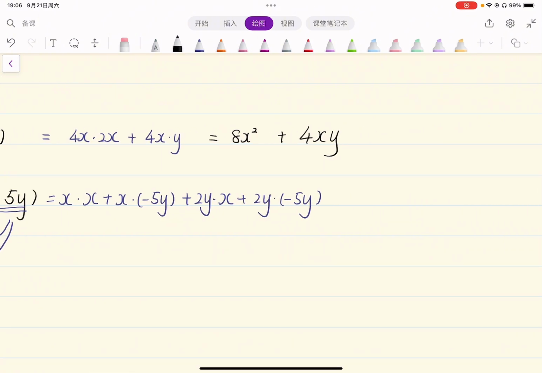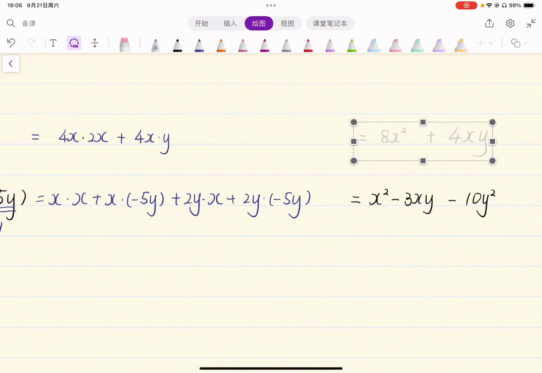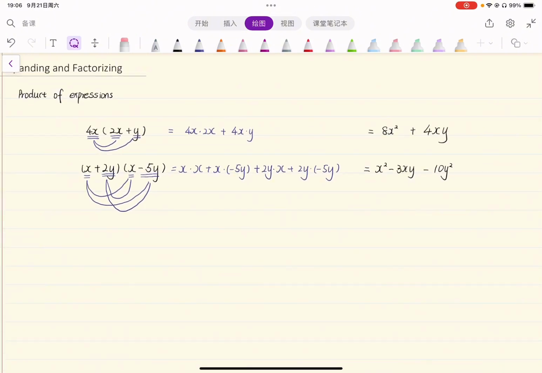Then we can get the answer that is x squared minus 3xy minus 10y squared, right? Let's move this to here to have good blackboard writing.